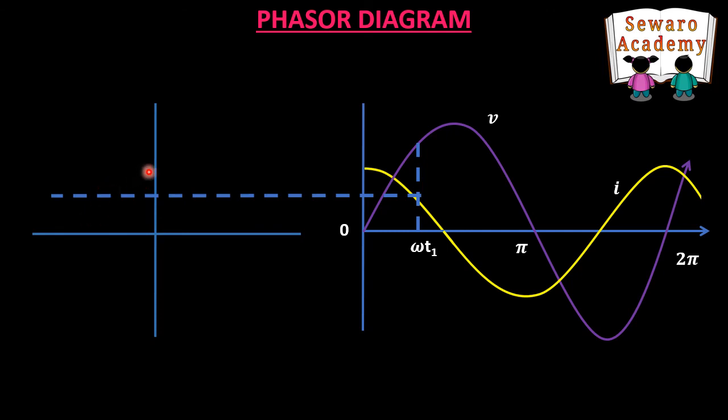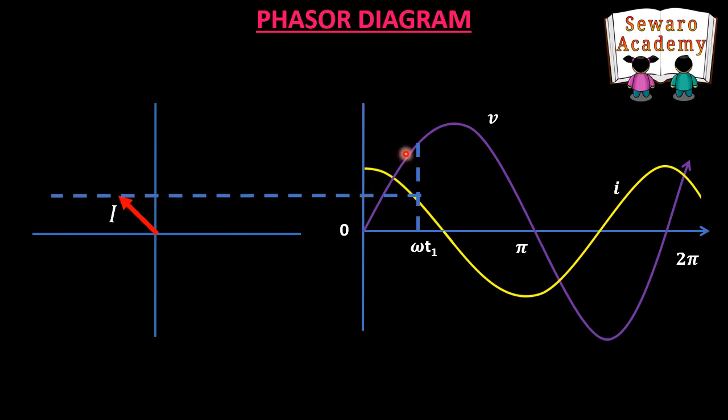So here we draw a phasor I, and we already know that the phase difference between the current and the voltage is pi by 2, which is 90 degree. So at an angle of 90 degree with this current phasor, we have to draw a voltage phasor.